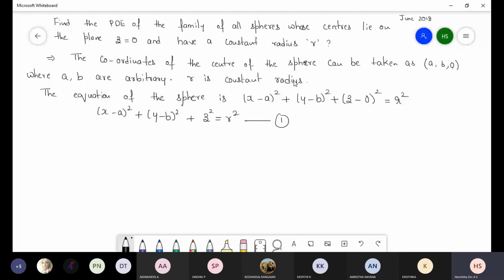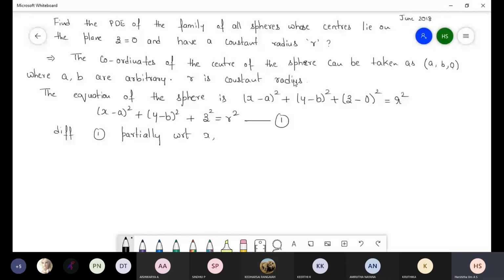Now in equation 1, we are eliminating the constants, that are a and b. So what we have to do? Differentiate equation 1 partially with respect to x.